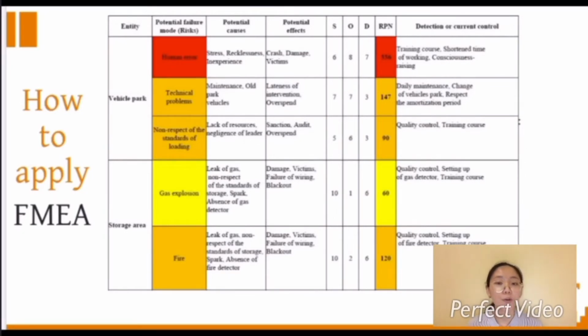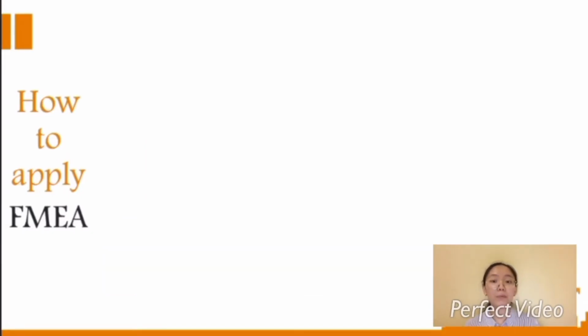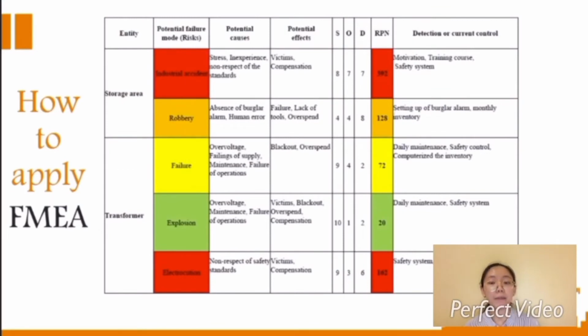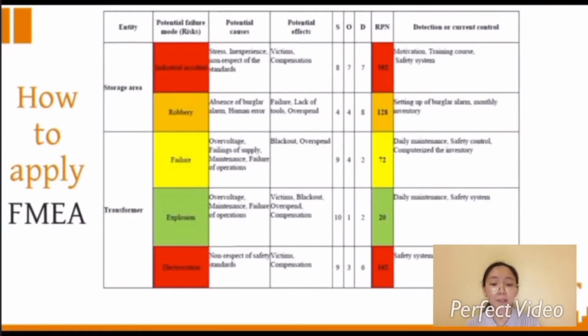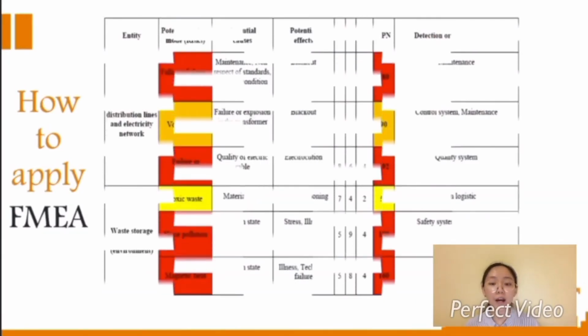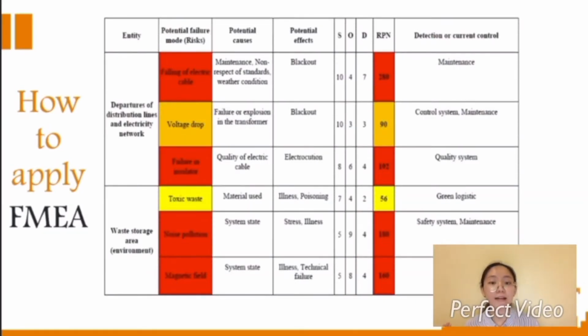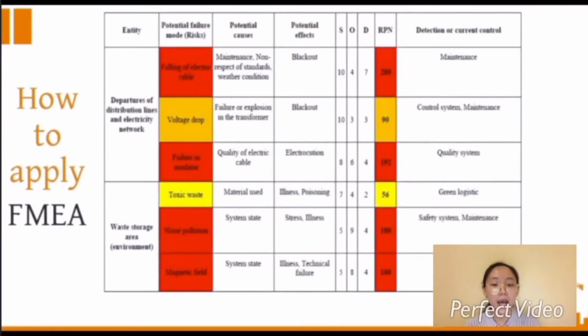After that, you could list the potential risk of each area. Like the vehicle park has the potential risk of human error, technical problems, and the loading. Meanwhile, the storage area has the potential risk of gas explosion, fire, industrial accident, and robbery. And then the transformer has the potential risk of failure, explosion, electrocution.